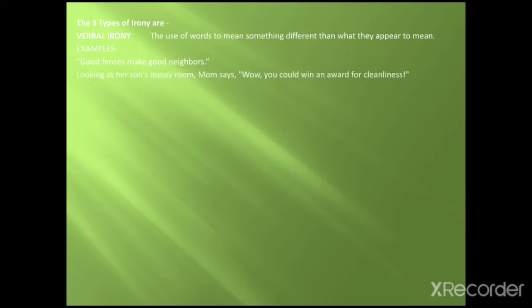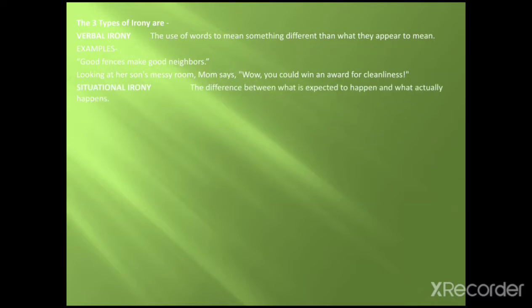The 3 types of irony are verbal irony, the use of words to mean something different than what they appear to mean. Examples: good fences make good neighbors. Looking at her son's messy room, mom says, "Wow, you could win an award for cleanliness."